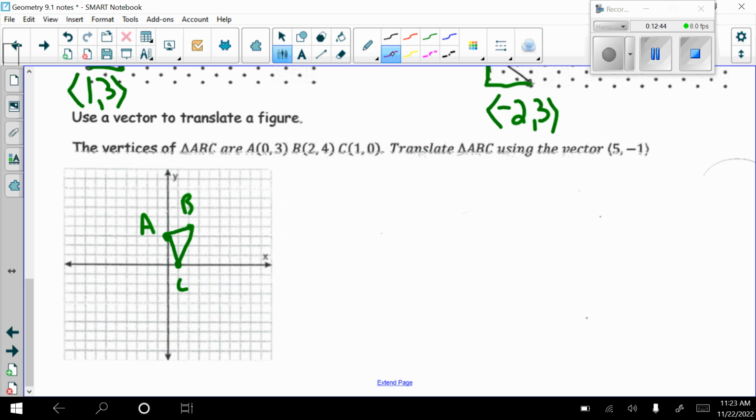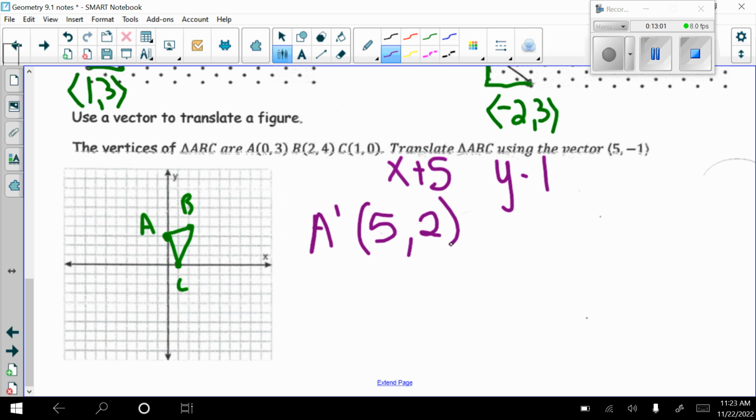So now they tell me to translate triangle ABC using the vector <5, -1>. So basically, I'm adding 5 to all of my x's, and I'm subtracting 1 from my y's. So my A prime is going to be 0 plus 5, 5, 3 minus 1, 2. My B prime is going to be 2 plus 5, 7, 4 minus 1, 3.